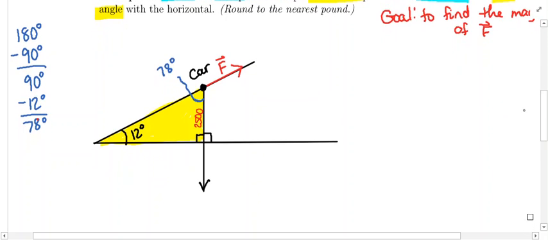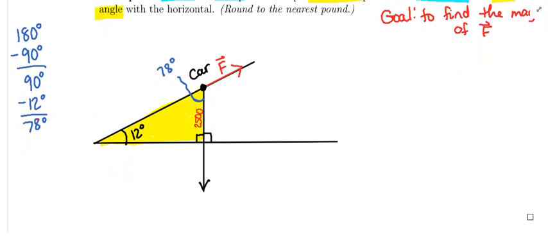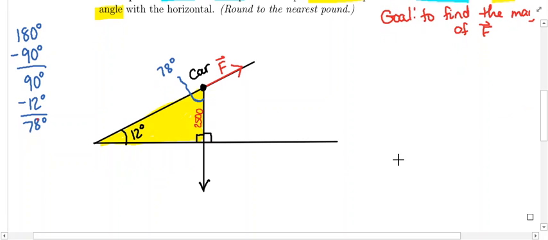I am going to create a box such that this force vector is one of the diagonals of the box. This is how I'm going to draw it. I'm going to start here and draw this way such that this is a right angle.